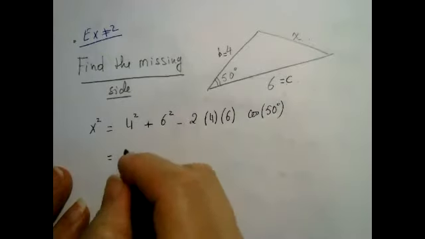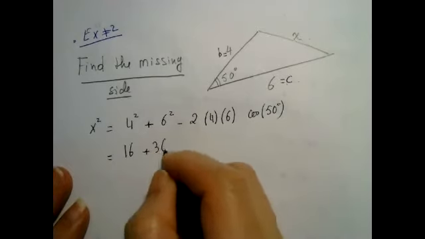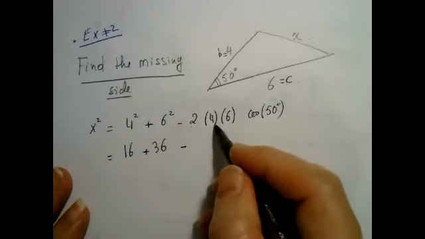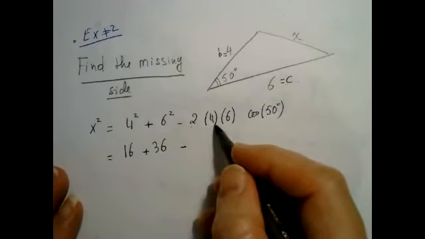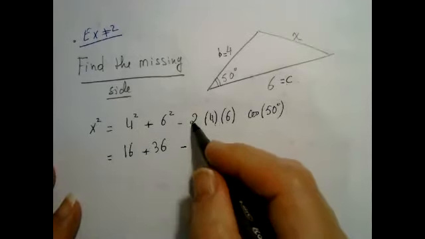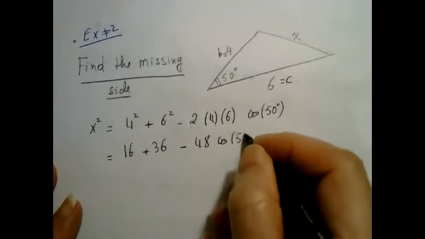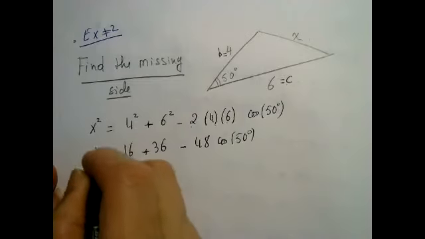So it's going to be equal to 16, right? Minus 2 times 4, sorry, 4 times 6, 24. 24 times 2. That's going to give me 48 cosine of 50. So that gives me x squared.